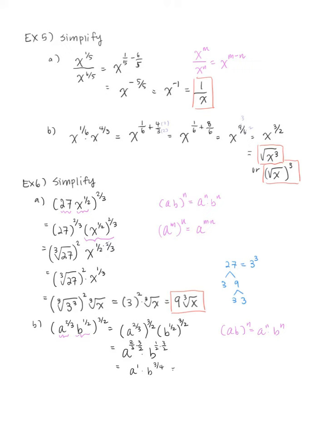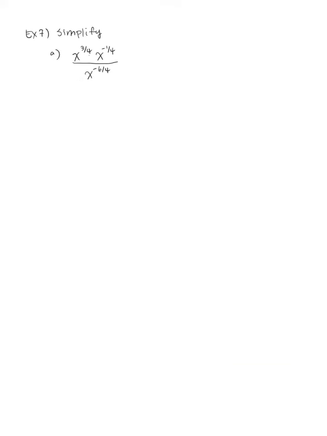So it looks like our answer is going to be a times b to the 3/4, so the bottom is the root: a times the 4th root of b to the 3rd, and that's going to be the answer.